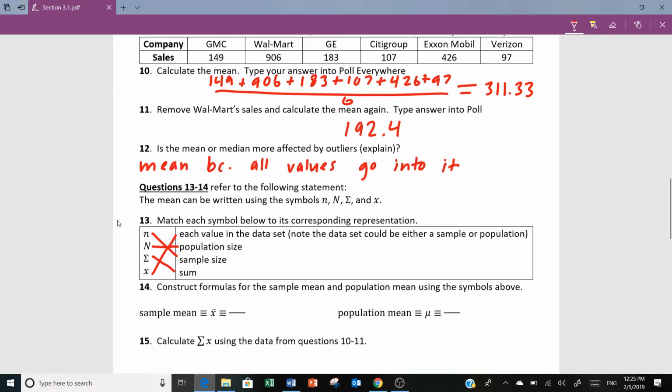So let's use these symbols to say sum all the values and divide by the total. Okay, so let's try to do this. We can discuss this in groups. Sum all the values and divide by the total. What symbol is going to come first if we're summing all the values? Sigma.